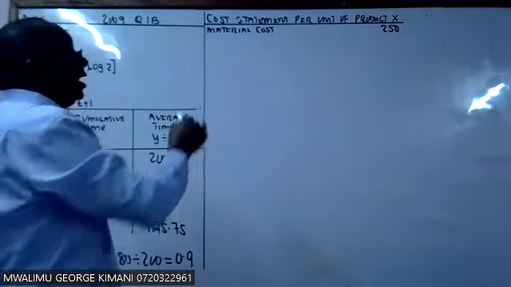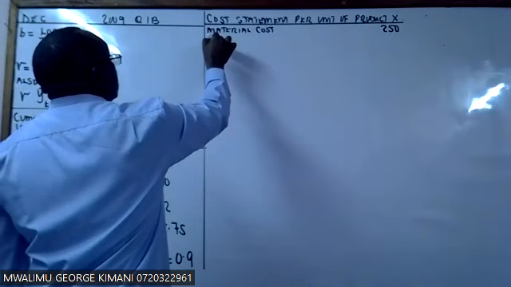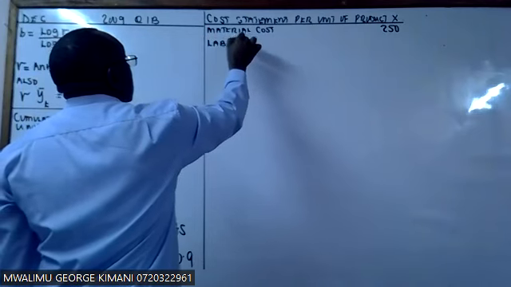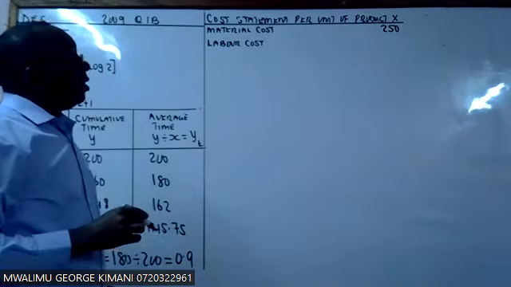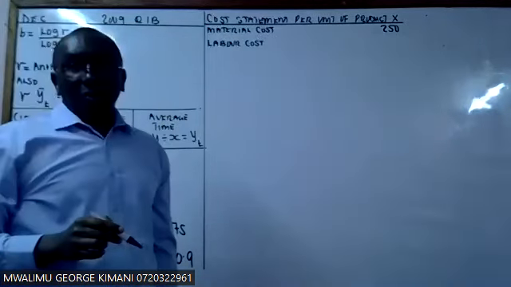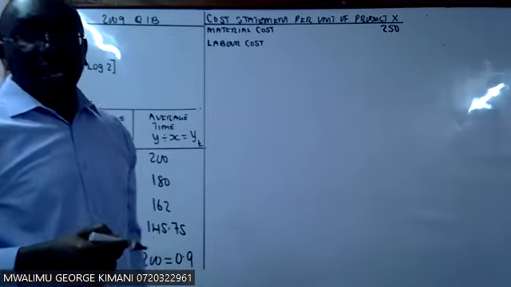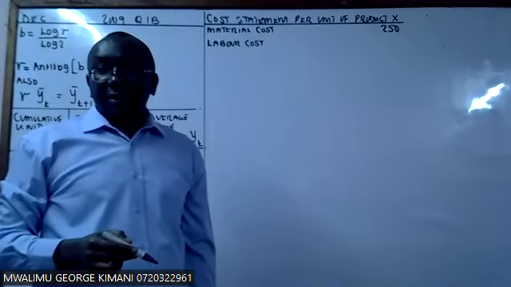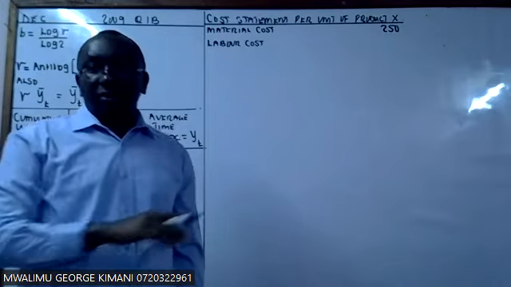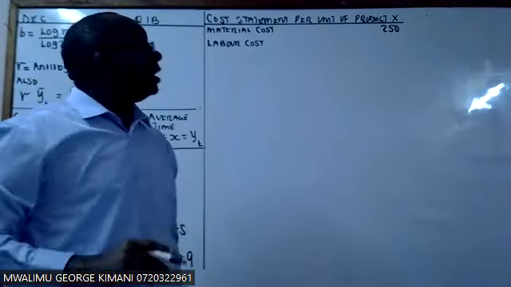Then we have labor costs. Now, labor costs, we can either show the workings there or we come down there, but I told you the practice nowadays is to have the workings down there. There you just show the answer.